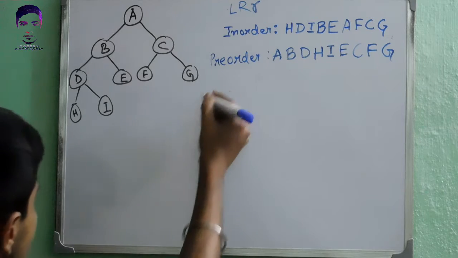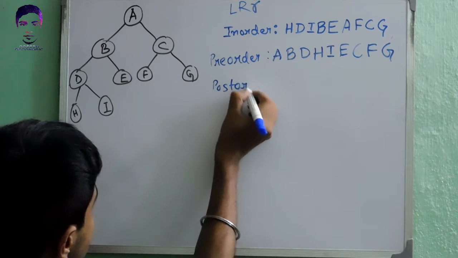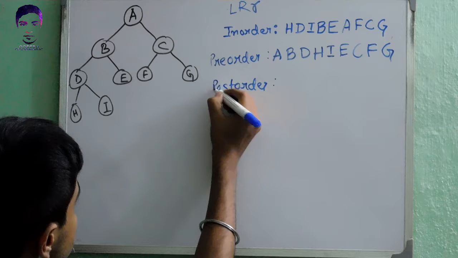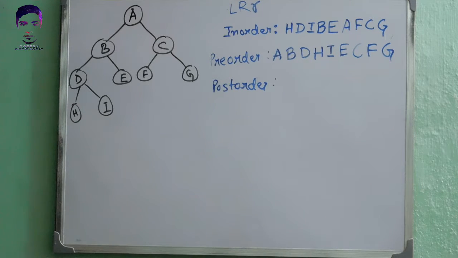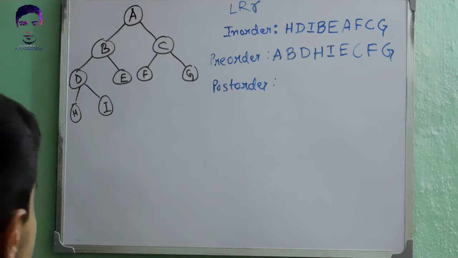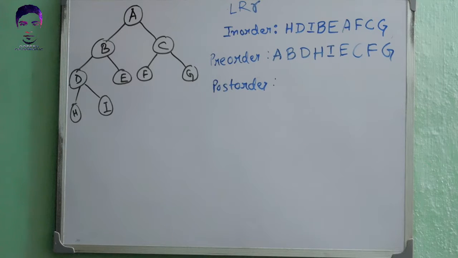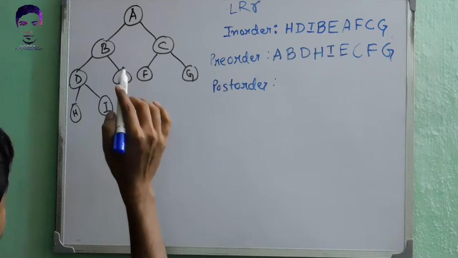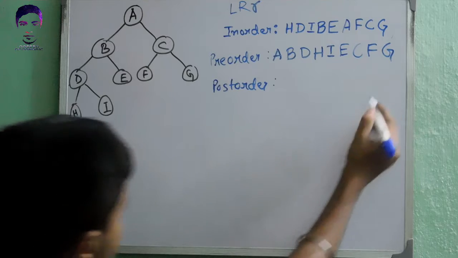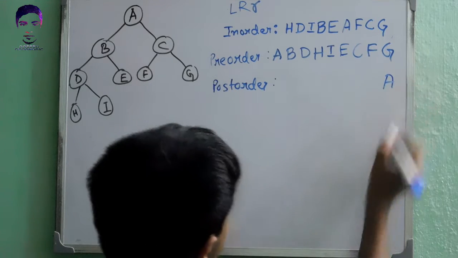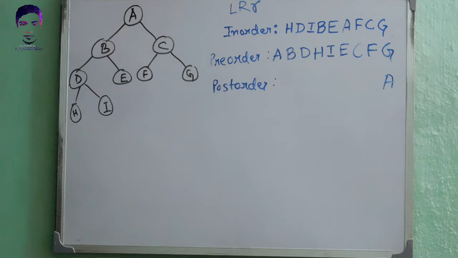Postorder demands that the root must lie at the end. So let's consider A to be at the last because it's the root of the whole tree. So A will stand at the last.